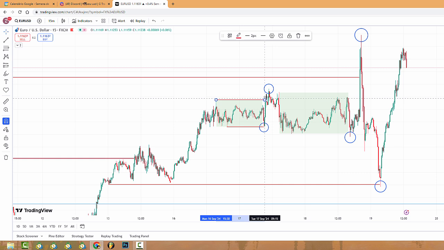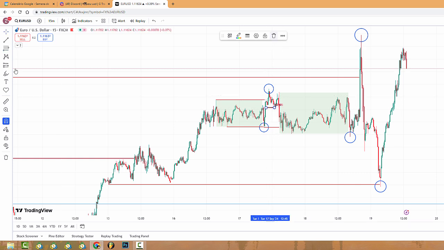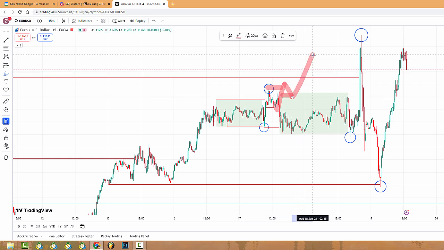Liquidate the tops. And then even if we have a trend, let's say we have a trend, price needs to liquidate something, needs to go from one liquidity to another. So even if price came to break this, price could have broke this and then just continue higher to break this, and then maybe break another thing, and then continue its journey higher.